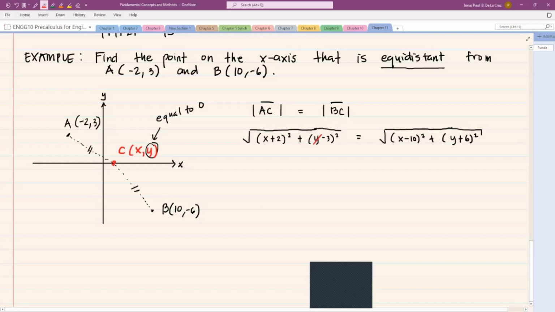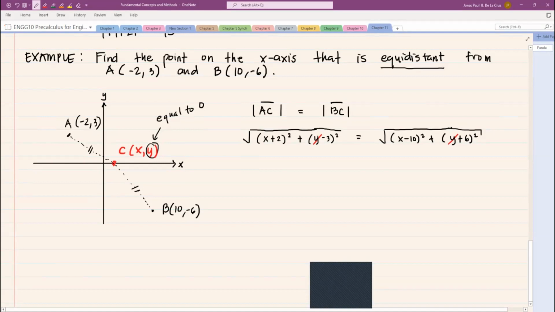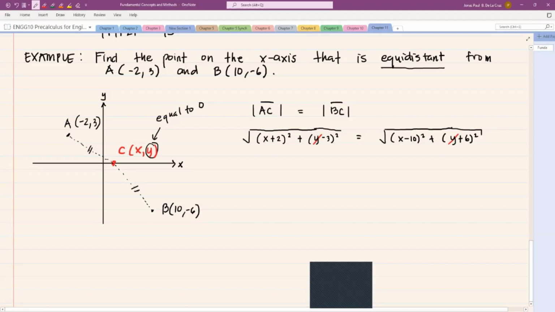So ito ay equal to 0, this is equal to 0. So natira na lang is yan. Para matanggal yung square root, we can square both sides. So, ang natira dito is x plus 2 squared. I-expand na natin. Okay lang?